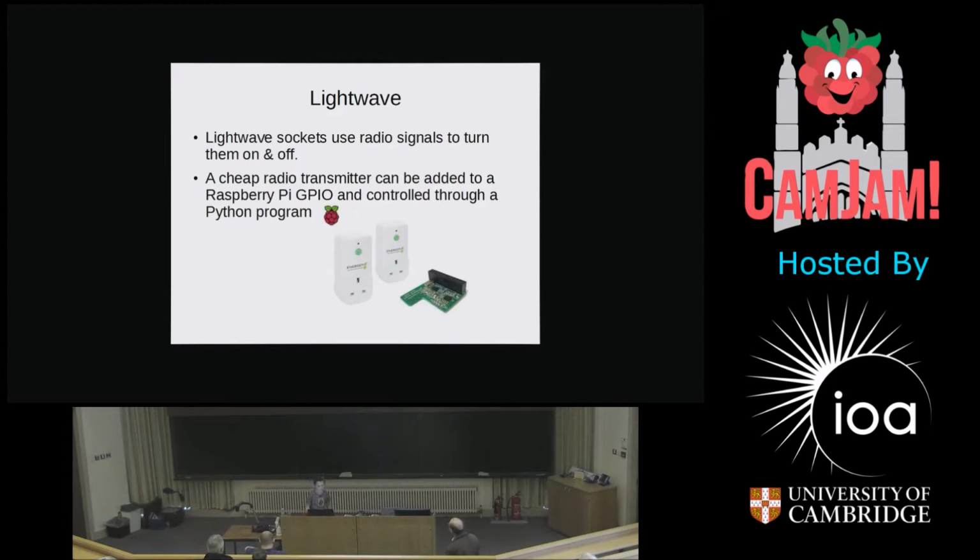Lightwave uses radio signals to turn sockets on and off. A cheap radio transmitter can be added to the Raspberry Pi GPIO pins and can be controlled through a Python program. The picture up there is actually not the ones we've got. There would actually be an easier option, but we decided to take the very long, hard way around it.